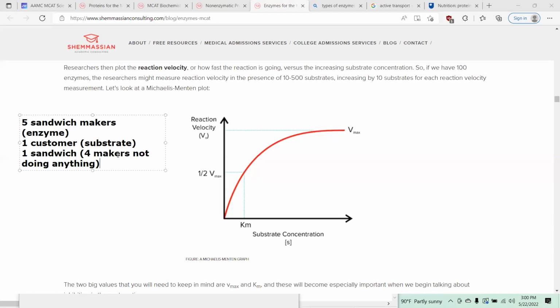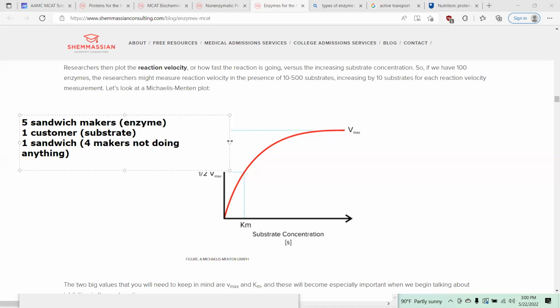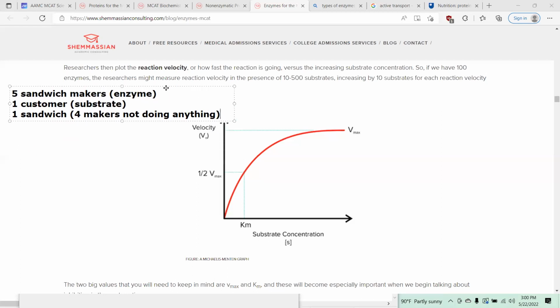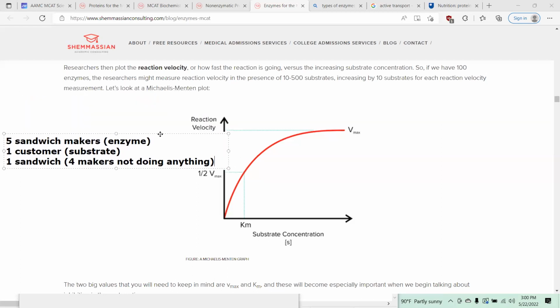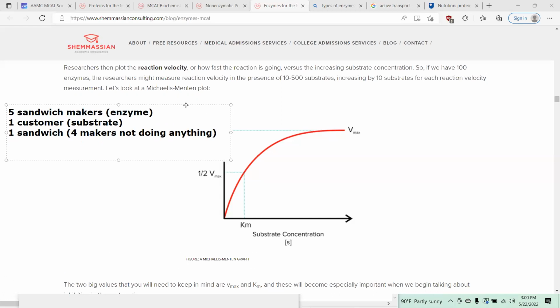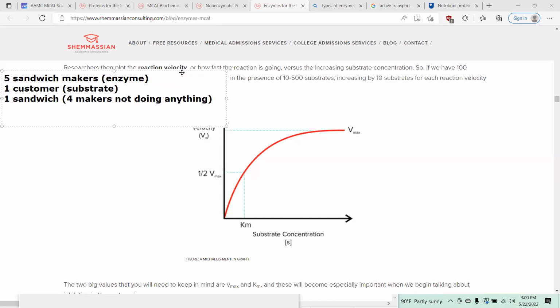So if there's only one sandwich being made, we're not making as many sandwiches as we could be making. How many sandwiches could we be making under ideal conditions? What's the most amount of sandwiches that we could be making here? Five, right? Excellent. Yes, we could be making five sandwiches at most. When would we be making five sandwiches?